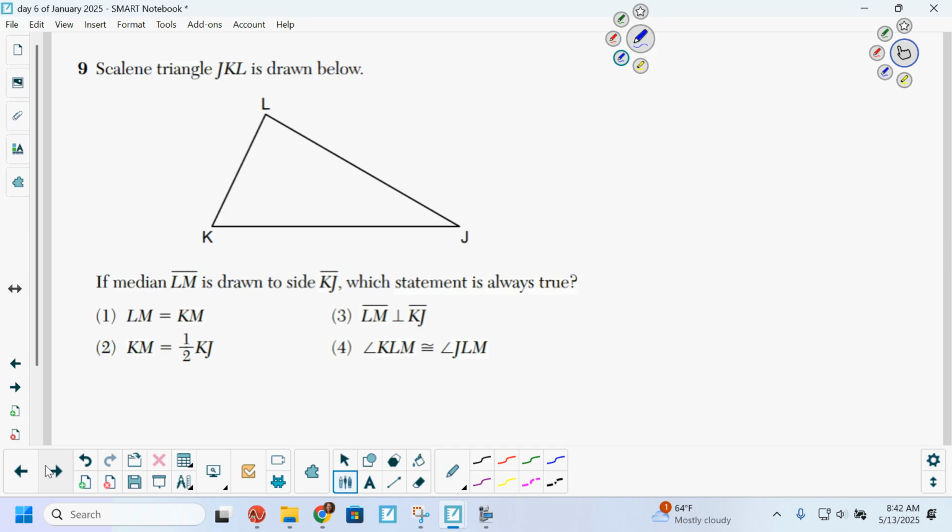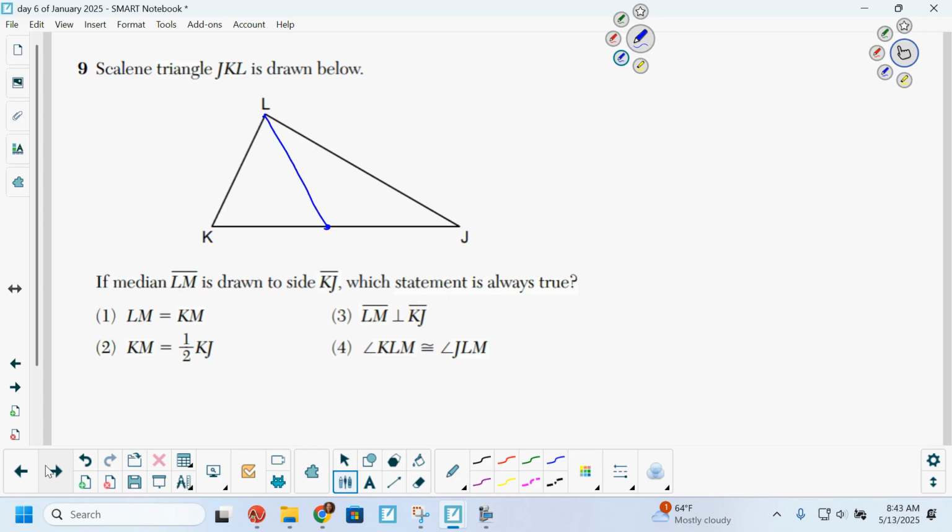Scalene triangle JKL is drawn below. Remember, a scalene triangle means that all the sides and all the angles are different. If median LM is drawn to side KJ, which statement's always true? So a median goes from a vertex to the other side's midpoint.